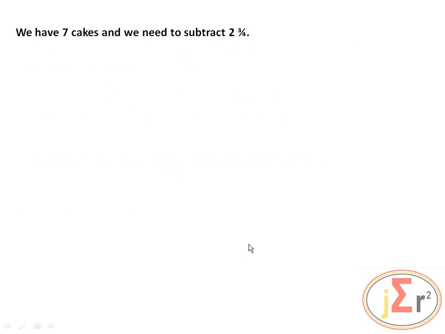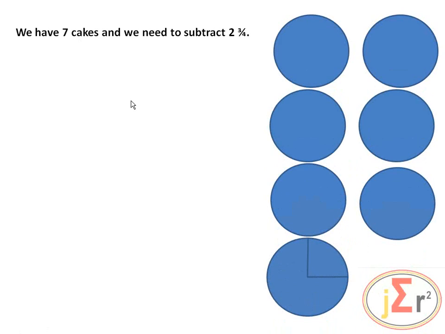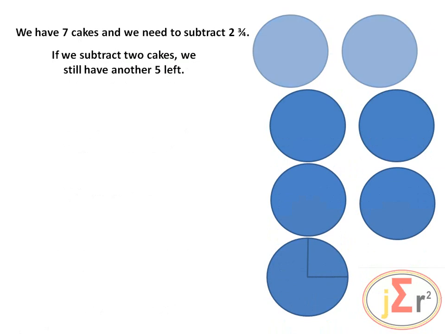We have 7 cakes, and we need to subtract 2 and 3/4. Let's go straight ahead and do that. If we subtract 2 cakes, we still have another 5 left.